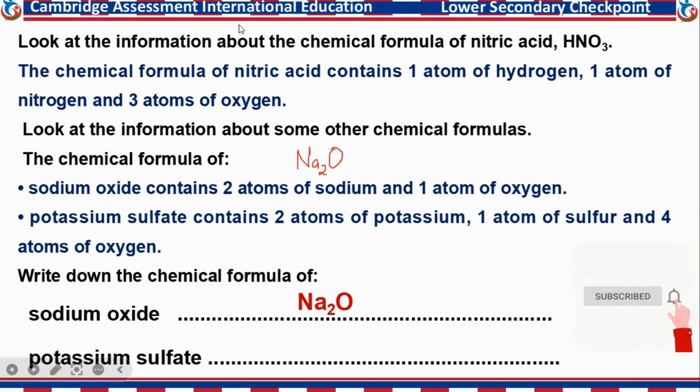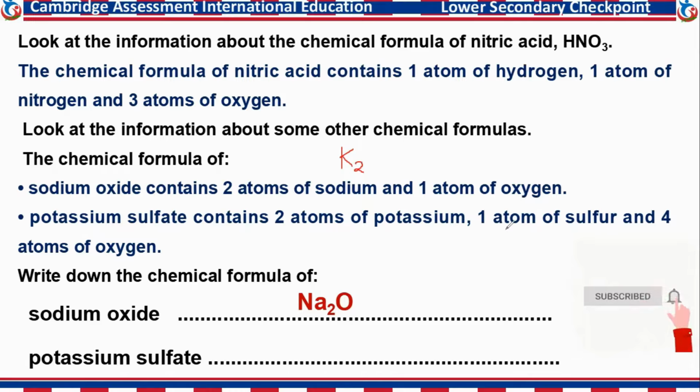Then we write for potassium sulfate. Based on this, you should be able to do that now. It contains 2 atoms of potassium. Whenever you have more than 1 atom, you introduce the subscript immediately after the chemical symbol. So the symbol for potassium is uppercase K, and then 2 atoms, so we have a subscript of 2.